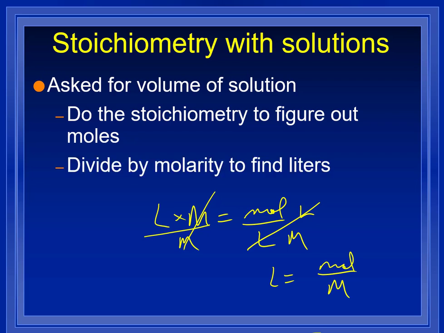Lots of people are going to do molarity over moles. But that won't work because your units will be inverse liters, which there's no such thing as an inverse liter. One over liter. Yeah.